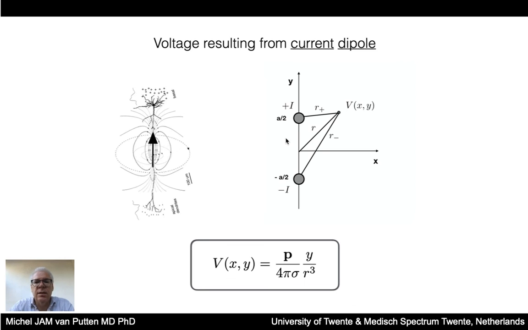And at a particular distance indicated here, we can measure the voltage that results from the current dipole, and the expression for this voltage is given here. You can look in the lecture notes or in the book for more details.